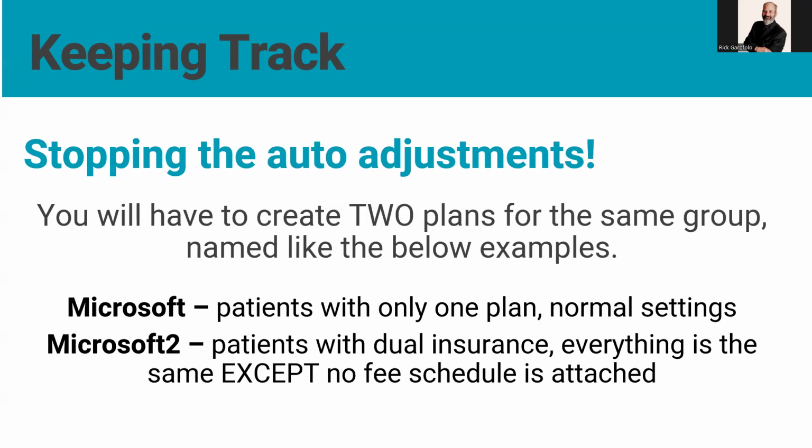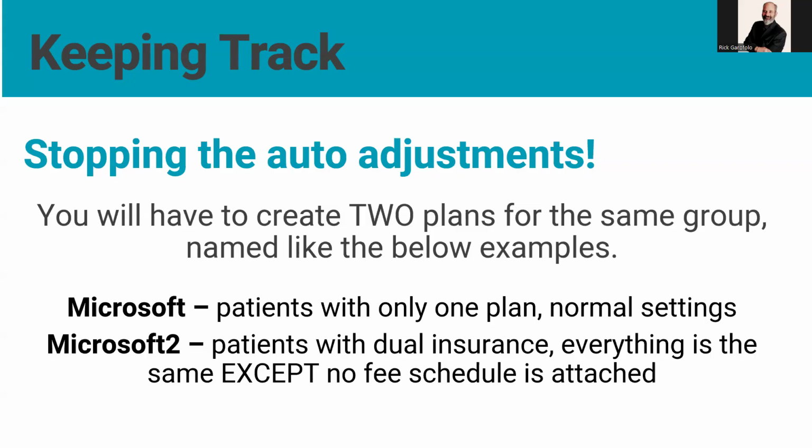Because if you're in network with an insurance who allows $1,200 for a crown, but your full fee is $1,500, and you do a crown for that in-network patient, you didn't produce $1,500. You produced $1,200 because that's the amount you are going to get paid.